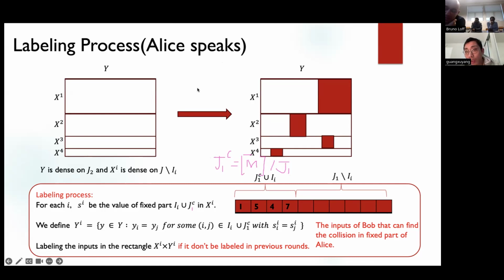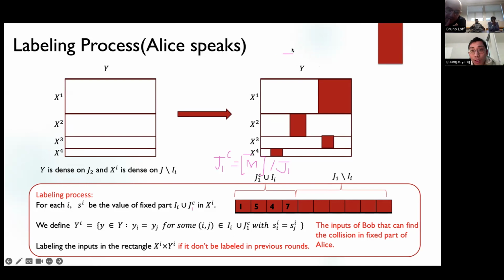J1 is your private dense part, the set of indices where x is free when you start this round. Yes, J1 is free when you start this round.